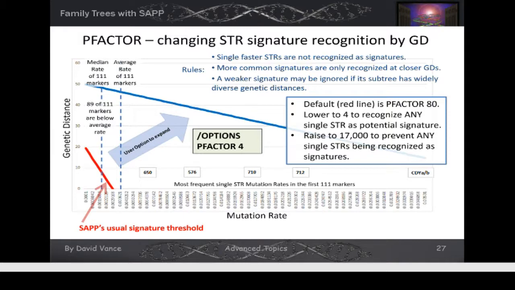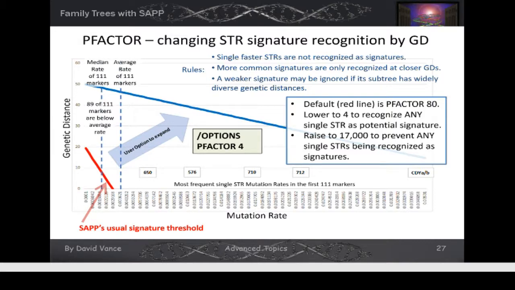But everyone's tree varies. Everyone has had slightly different kinds of statistical mutations. The STRs have conformed either closely or not very closely sometimes to the statistical norms in any subtree, especially if you have very few kits. There isn't enough data to really mirror a statistical normal bell curve for how the STRs have probably mutated.